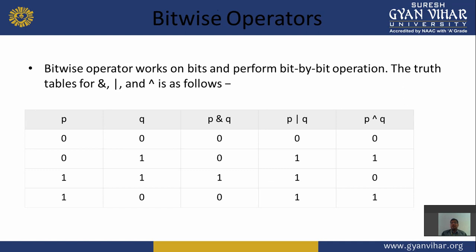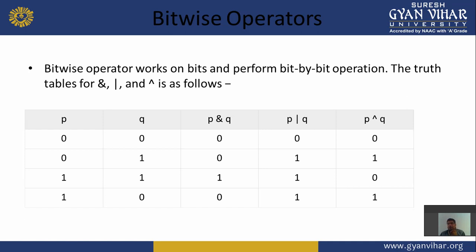So bitwise operators perform operations on binary numbers. Here p and q are two binary numbers. If p is 0 and q is 0, then the result of AND is 0, which means not true, false.